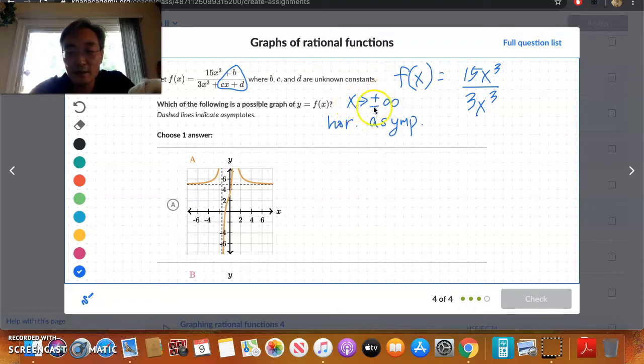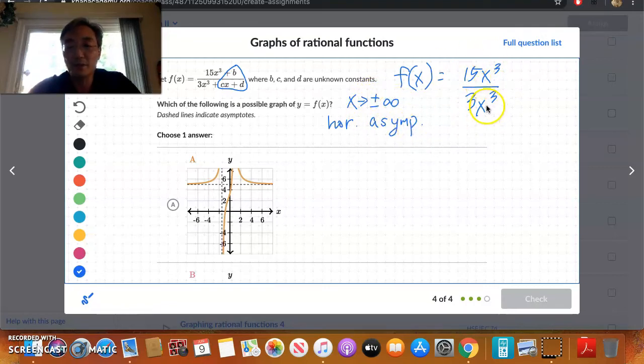If x approaches positive or negative infinity, then these terms here, even though I may not know what they are, become insignificant. They become negligible compared to these two leading terms, because they're x cubed and that's a constant. As x approaches infinity, this value of b is insignificant, likewise this d, and so is c of x. So this question is asking about the horizontal asymptote as x approaches positive or negative infinity.